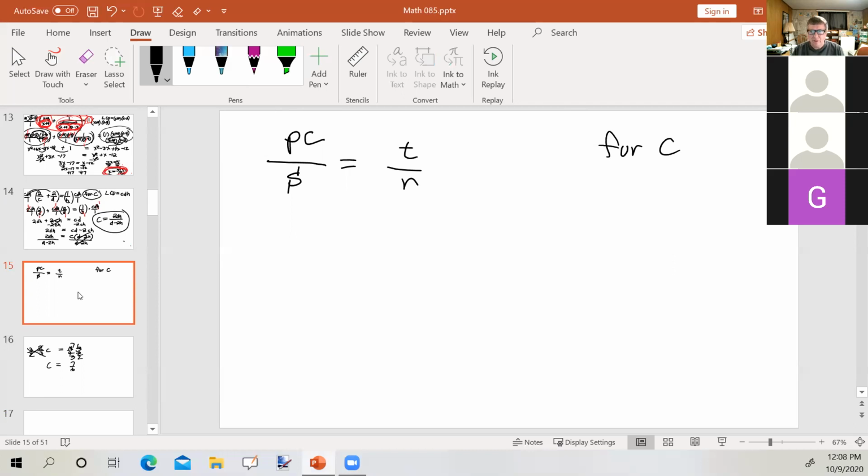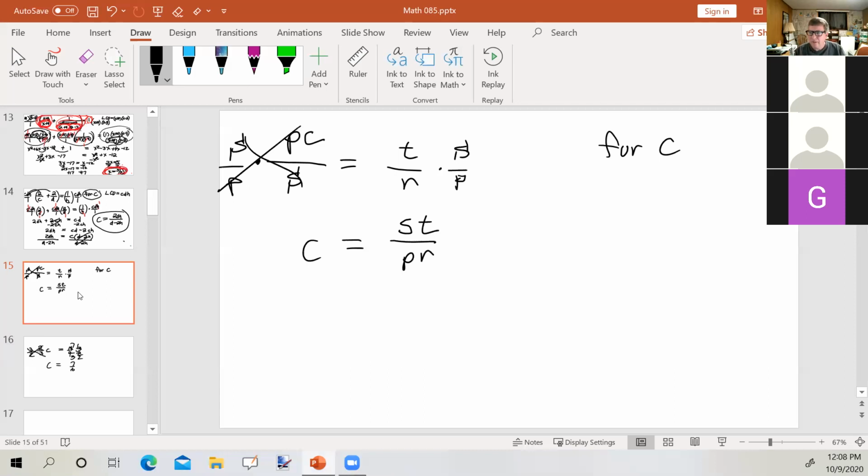So you would multiply it by the reciprocal, which would be S over P. Bingo. So P's go, S's go, C is left. And let's see, I'm going to put these in alphabetical order. So I'm going to go ST over PR. It doesn't really matter if I did that or not.